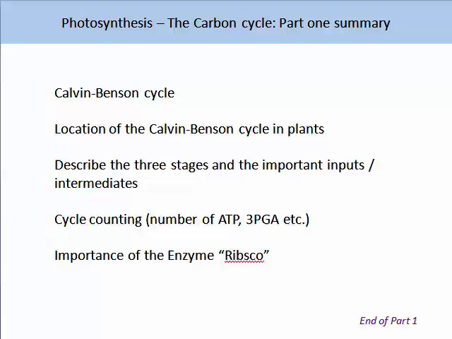By this I mean be able to determine how many ATPs, NADPHs, and other molecules like RuBP. You will understand that there is an enzyme called rubisco, and that this is important for the regeneration stage of the Calvin-Benson cycle. We will be going into more detail about rubisco in part 2.